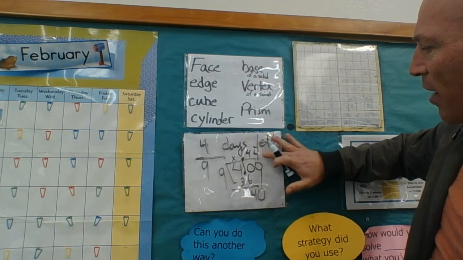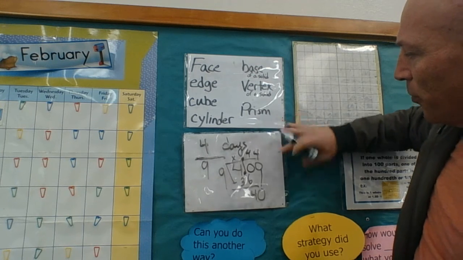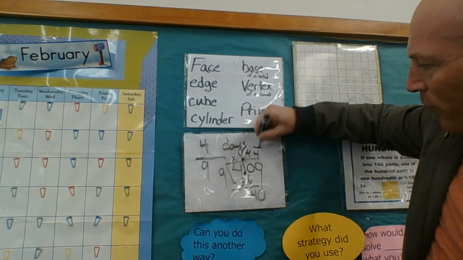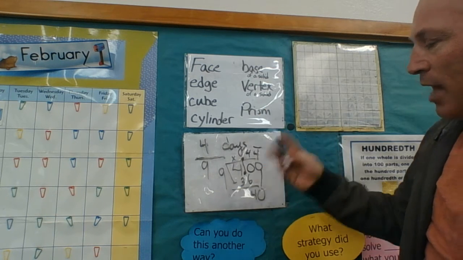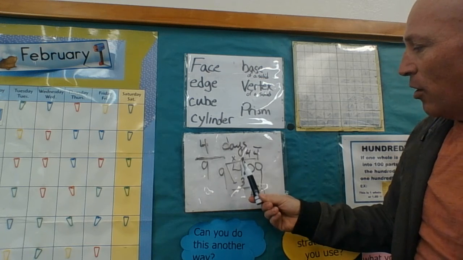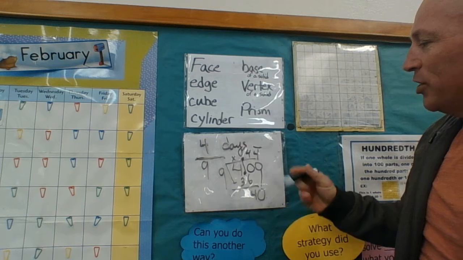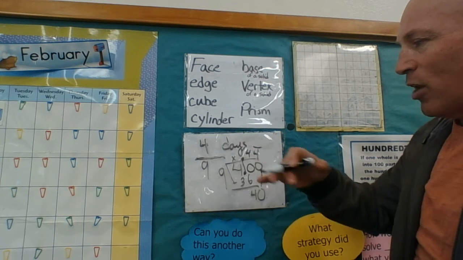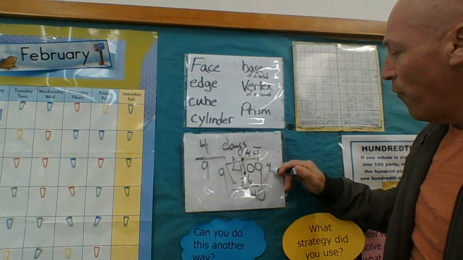So at some point, we have to just cut our losses, and in math, what we do is draw a line over top of the number that keeps repeating. We now know that 4 divided by 9 is 44 hundredths. If we convert that to a percent, like we've been doing for 100 days, we know that it is 44%.